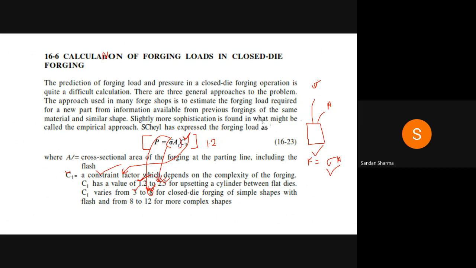It will not be as easy as you are thinking. Especially for closed die forging, it can go up to 8 times, and the simplest shape requires 1.2 times more force than you are calculating using this equation. So C1 being 1.2 means it will be multiplied by a factor of 1.2. Is that part clear?